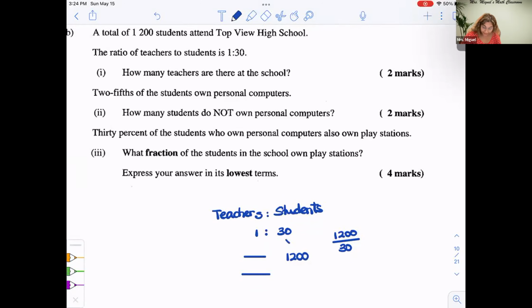So I multiply 30 by 40. So I must multiply 1 by 40 as well. So this will give me 40 teachers. So for 1,200 students, if there's a ratio of 1 to 30 and the capacity of the school is 1,200, I will need 40 teachers. So go ahead, attempt these two parts here and see what you get.